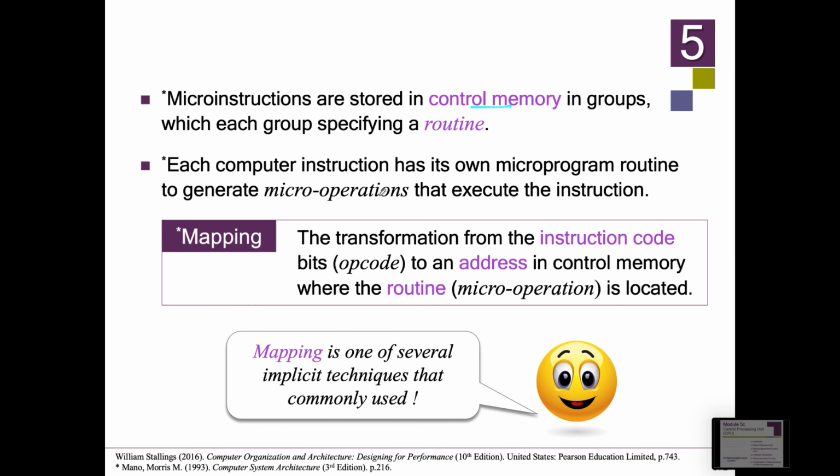Each computer instruction has its own microprogram routine to generate the micro operations that execute the instruction. You can see over here under mapping, the transformation from the instruction code, which is also the opcode bits, to an address in control memory where the routine of micro operations is located.